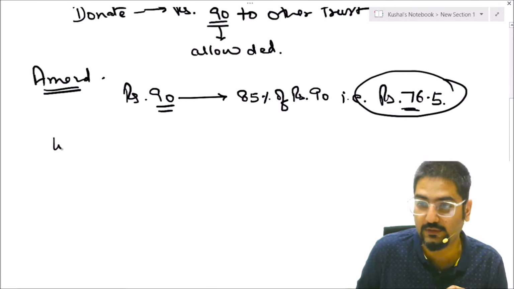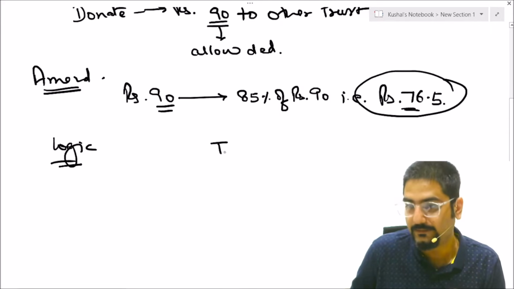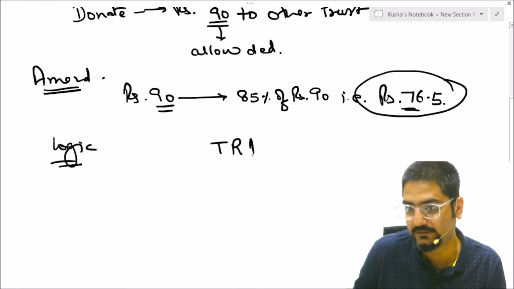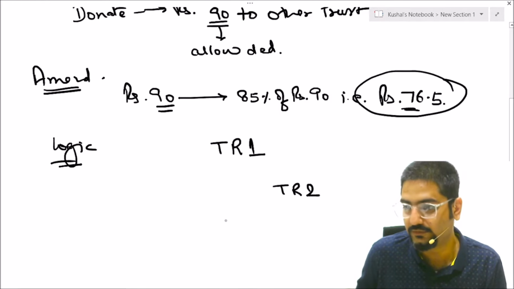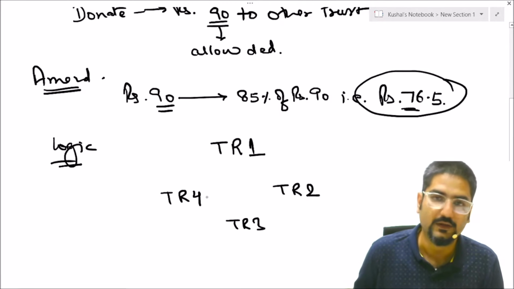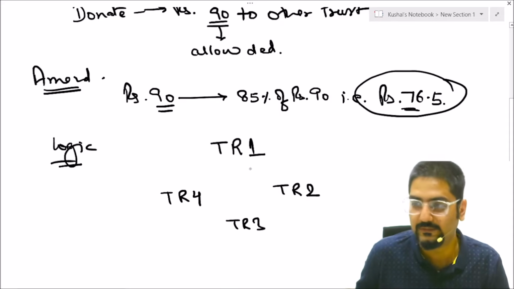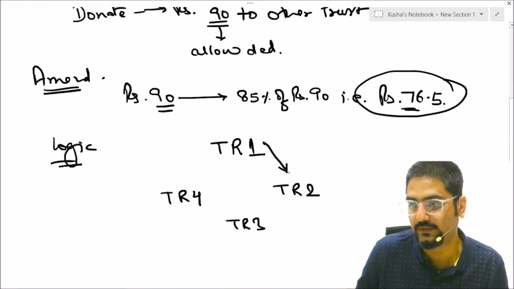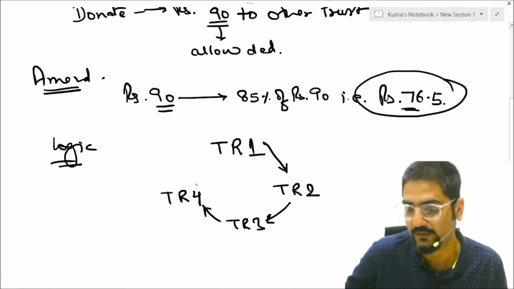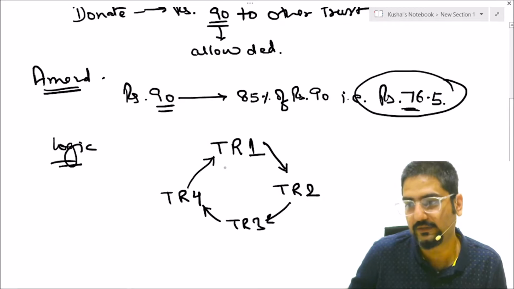Now what is the logic of this proposed amendment? Let's say there are four charitable trusts: charitable trust 1, trust 2, trust 3 and trust 4. What these trusts do is, the majority of the gross receipt is transferred by trust 1 to trust 2, trust 2 transfers it to trust 3, trust 3 transfers it to trust 4, and trust 4 in return transfers it to trust 1.